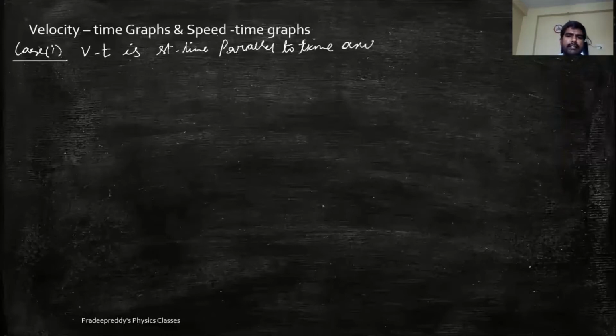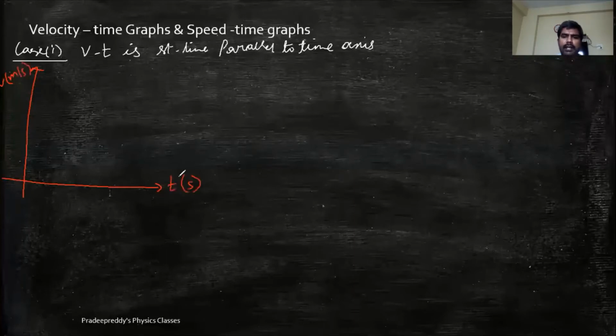So parallel to the x-axis, because on the x-axis we are taking time. Now this is the VT graph. Velocity is taken on the y-axis and it is in meter per second. Time is taken on the x-axis and it is in second. And the VT graph is a straight line parallel to the time axis. This is the case 1 graph.